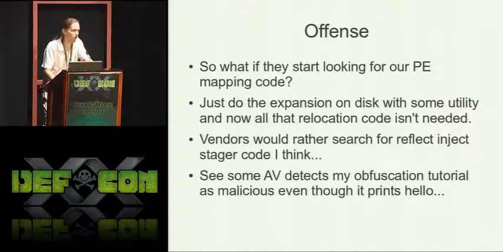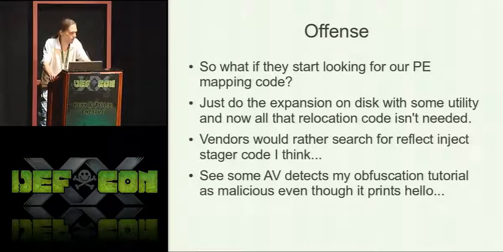So on the offensive side, what if they start trying to look for PE mapping code? The perfect example for that was I used it in a code obfuscation tutorial, and one of the vendors wound up flagging it as malicious software when it printed hello, if you actually ran it or dropped it in a disassembler or looked at the source.